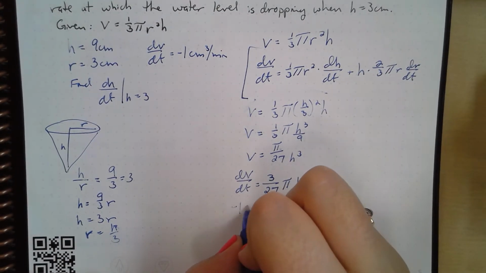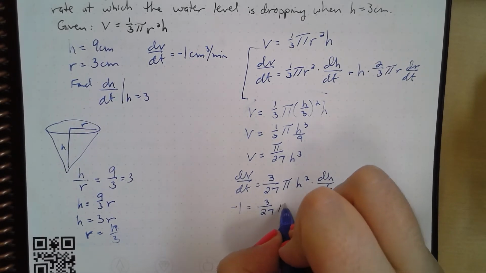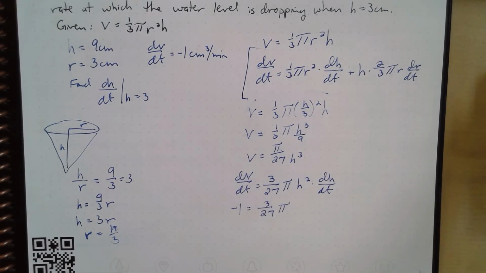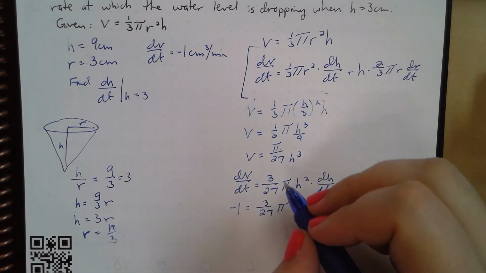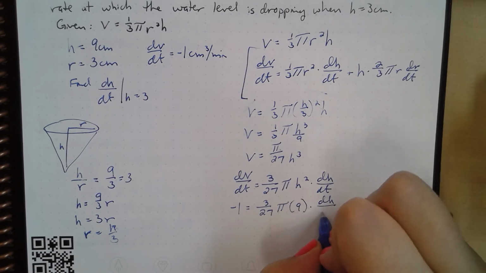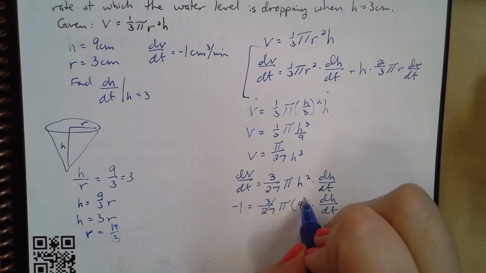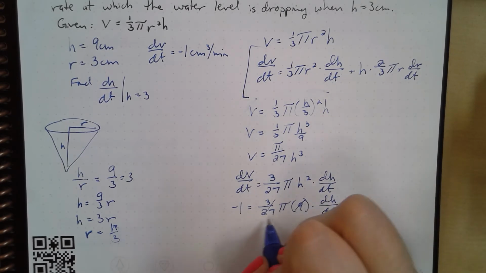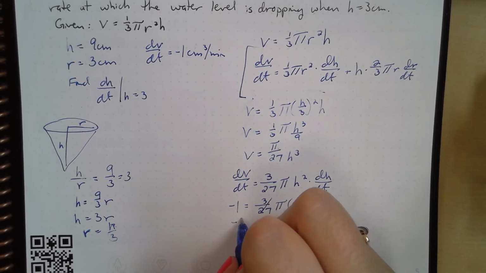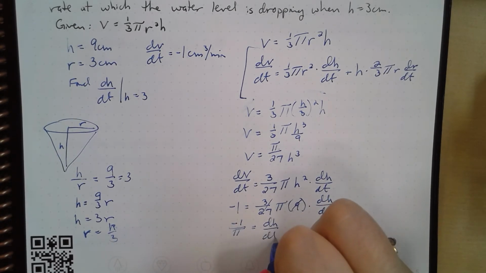So -1 is equal to 3 over 27 pi times, and we're using this when h is equal to 3, so times 9 times dH over dt. So 9 over 27, this just becomes 1/3, right? So this is -1 over pi is equal to dH over dt.